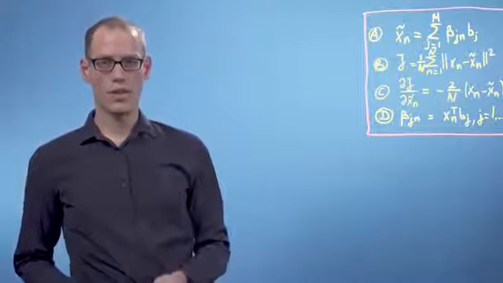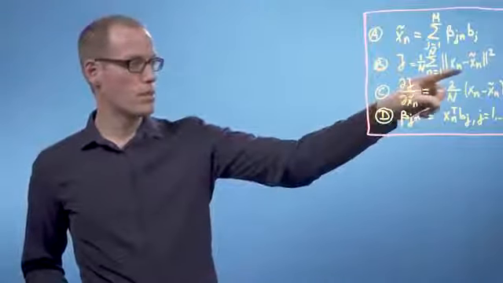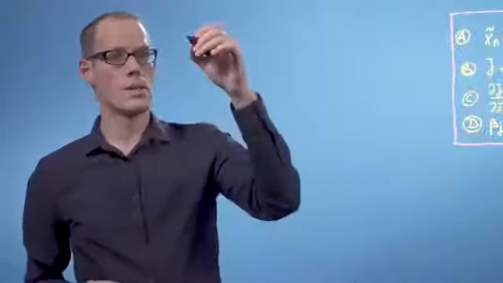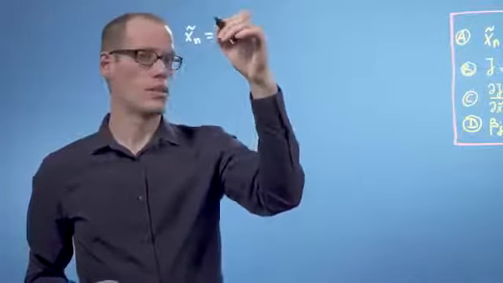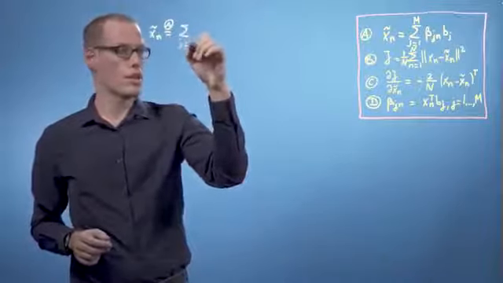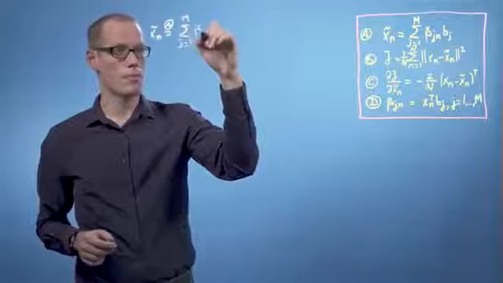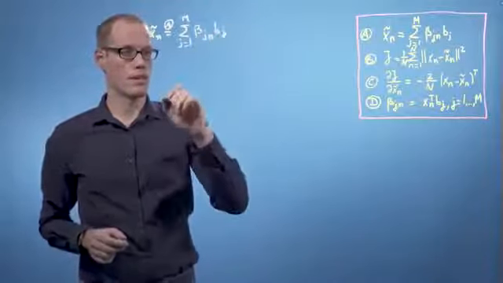For this, let's have a closer look at the difference vector between our original data point and our projected data point. So xn tilde is given by equation A, which is the sum over j equals 1 to m of beta jn times bj.